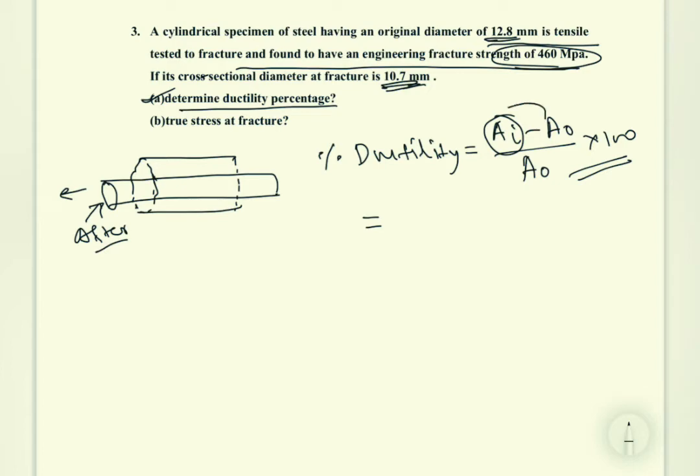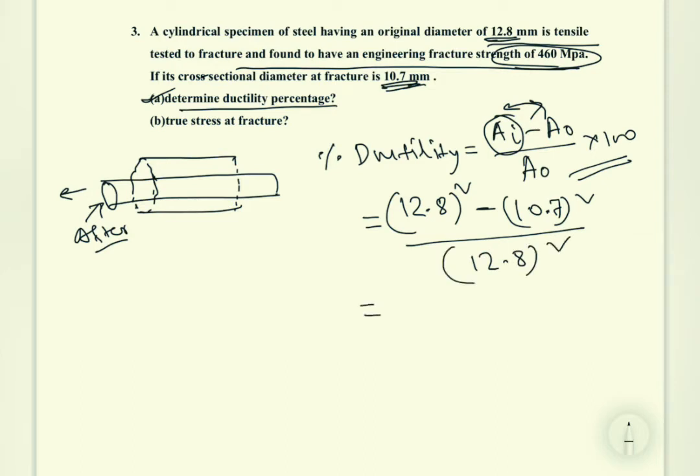So we will reverse these two terms to get the positive value. Area means pi r square, so pi d square by 4, so other parameters will be cancelled out. So I am directly writing only the diameter square, and initial is 12.8 whole square. So what we are getting is about 30% ductility.